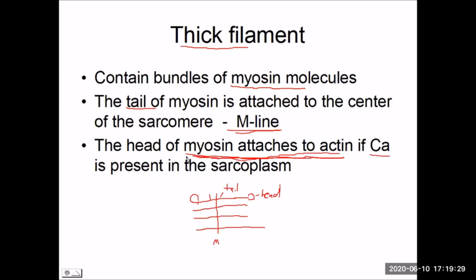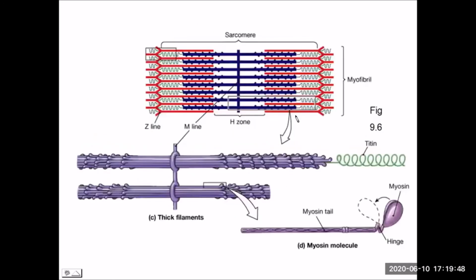So at this point, we can now have an attachment, a cross bridge between the myosin and the actin. The thick myofilament and the thin myofilament are now connected to one another. And we can see that here in the illustration.